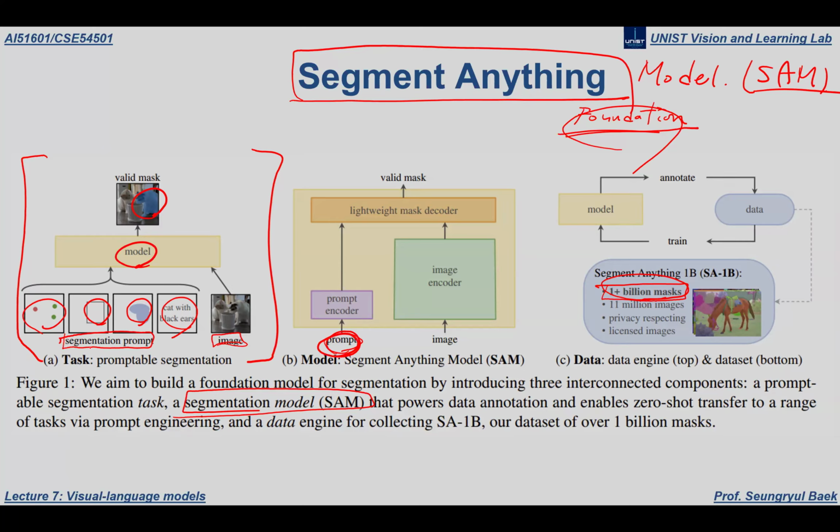For this prompt, either point, bounding box, initial segmentation, or text, they go via an encoder and are mapped to the feature, and images are also mapped by the image encoder. And this decoder is outputting some masks. Okay.